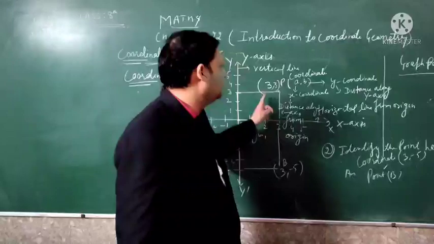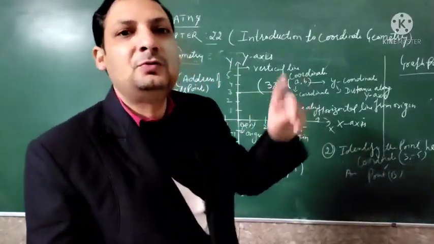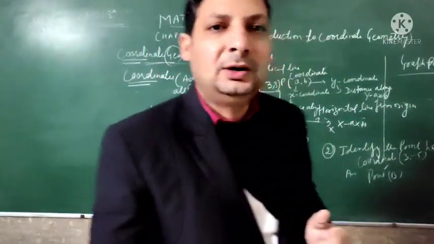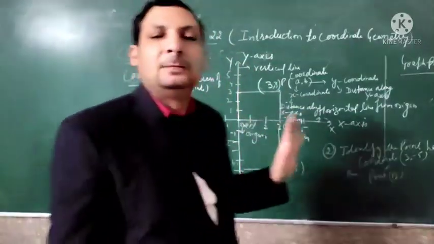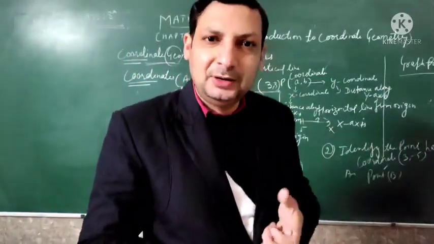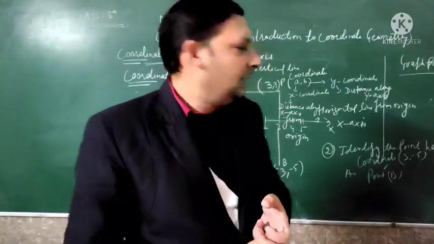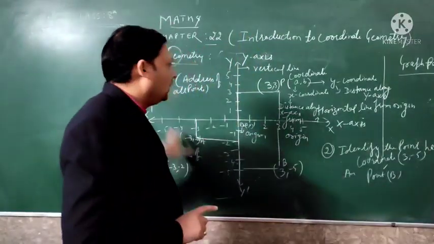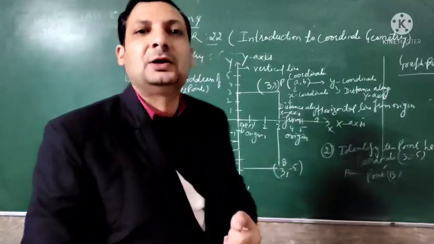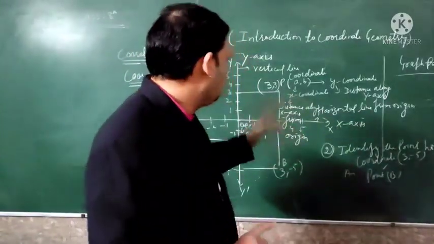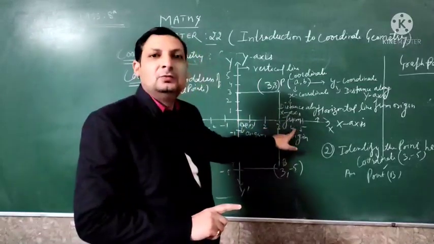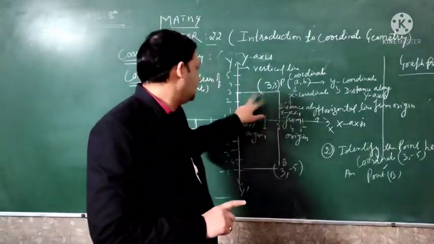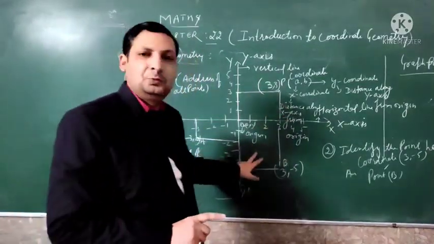One given by x coordinate and another given by y coordinate. So in this chapter we have studied only basic things of coordinate geometry, and we know how to draw points on the graph paper. We need Cartesian system which has 4 parts: first quadrant, second quadrant, third quadrant, and fourth quadrant.